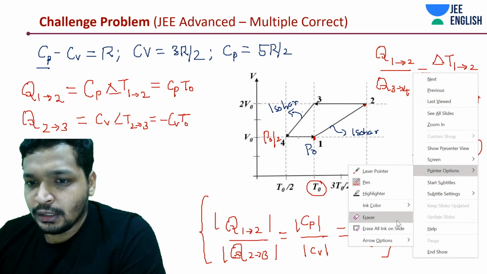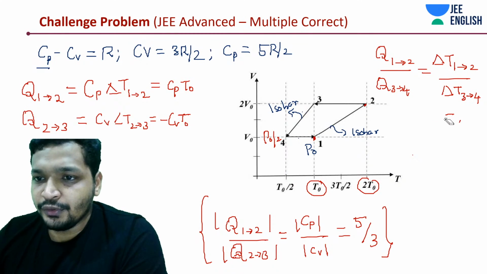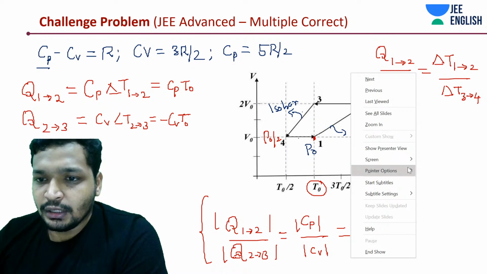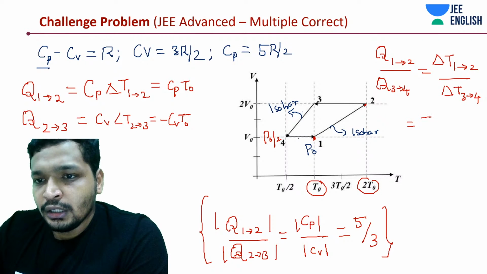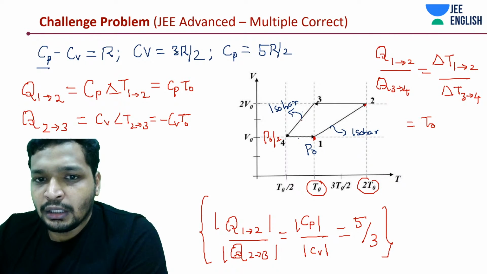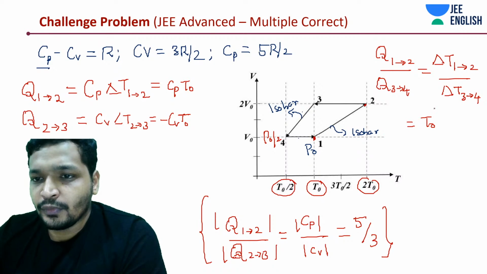Good thing. Write it down. If this is confusing, good thing. Write it down. It should be 2T naught minus T naught, and this is T naught minus T naught by 2, that is T naught by 2.